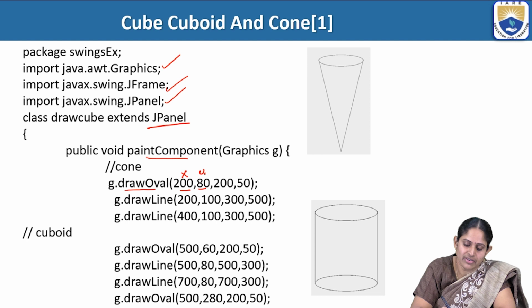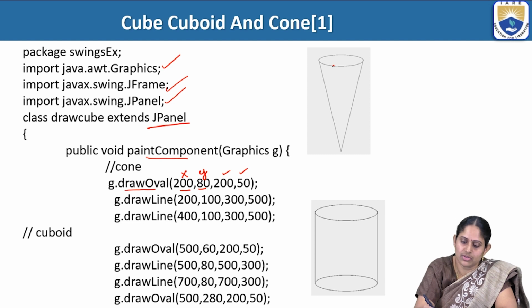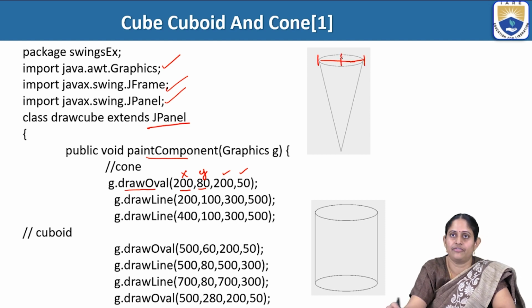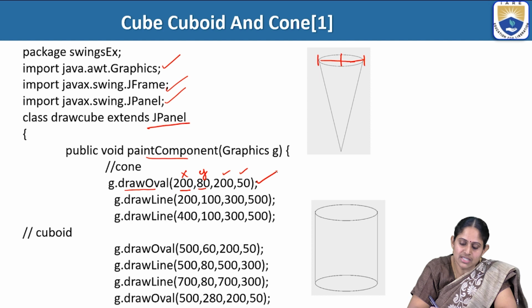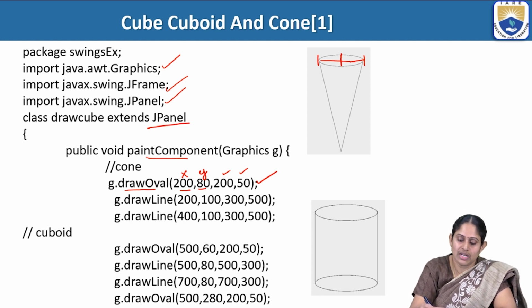That means its x and y coordinates are 200 and 280, and its length and breadth are 200 and 50. With this method we will draw an oval. This drawOval method will not fill the oval, so we will get a transparent oval.